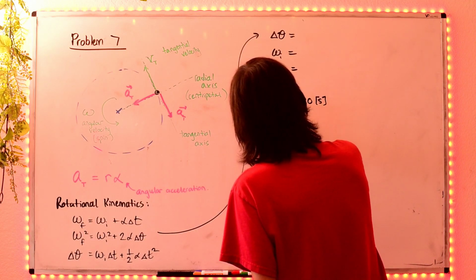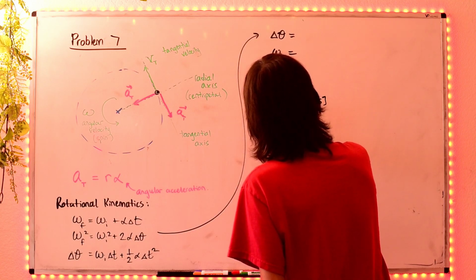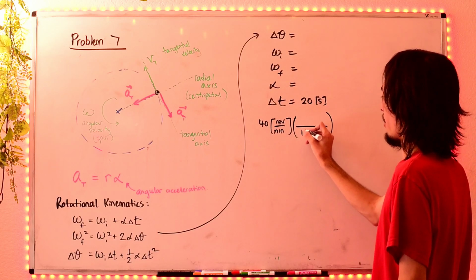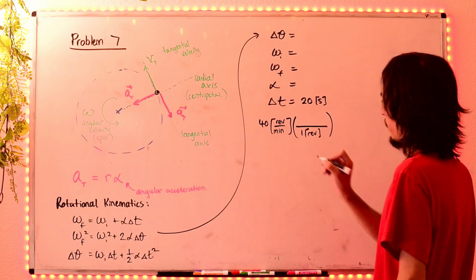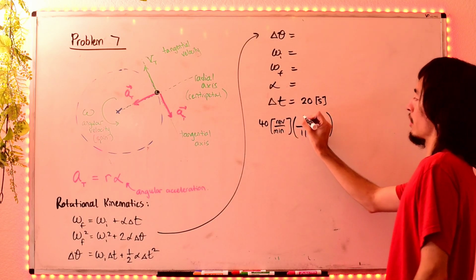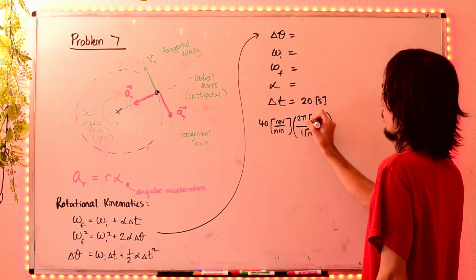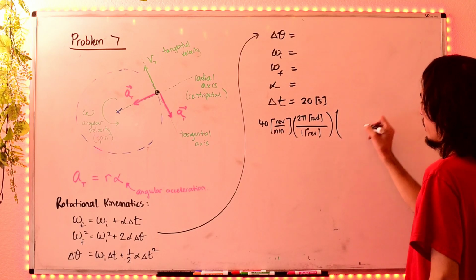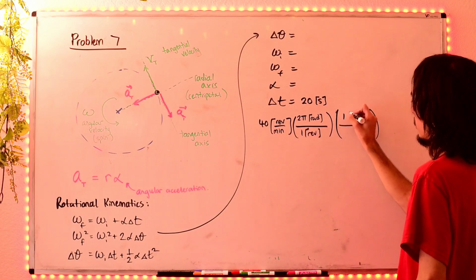So 40 revolutions per minute, we'll use the following conversion factor. So you'll have 1 revolution on the bottom to cancel out the revolution on the top. You'll have 2 pi. You can write radians in there on the top, so rad, and then convert the minutes to seconds.